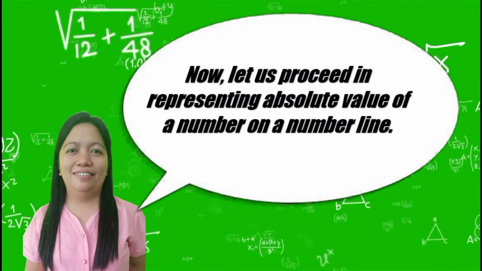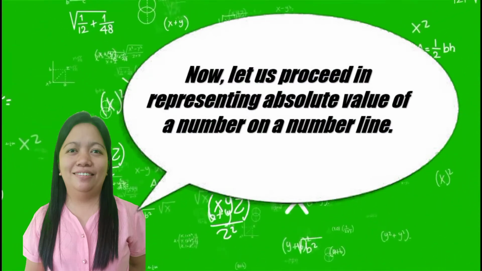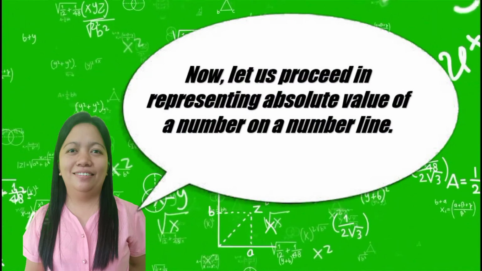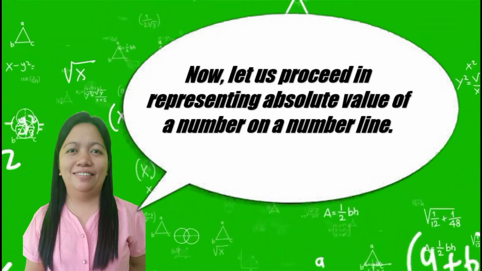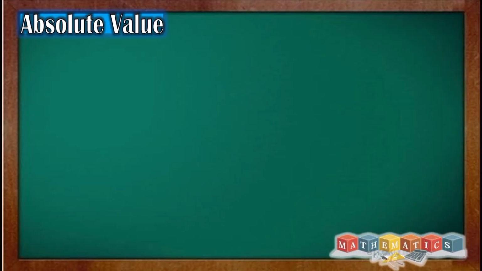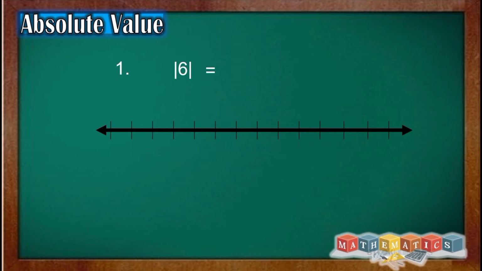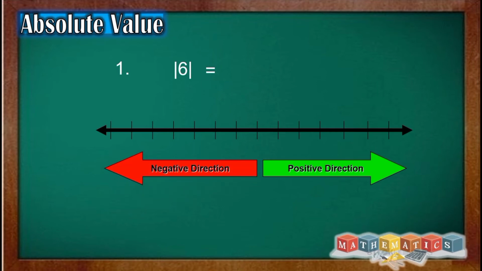Now, let us proceed to representing absolute value of a number on a number line. What do you think is the absolute value of 6? Are you familiar with a number line? Okay, let us draw a number line. Numbers going to the right are all positive, and numbers going to the left are negative numbers.